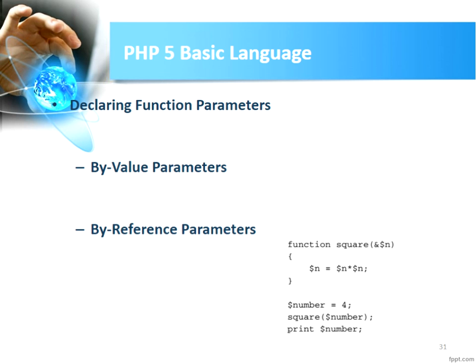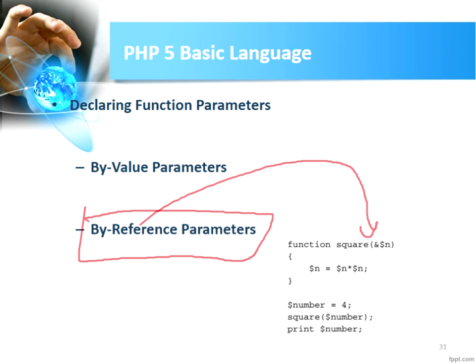Okay, here we can use by reference parameters. To use by reference, we use the ampersand, and that means by reference. This is an example. $n equals $n multiplied by $n.